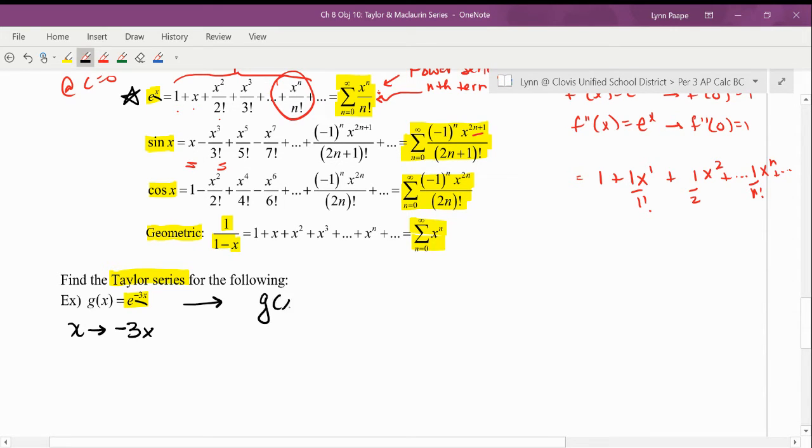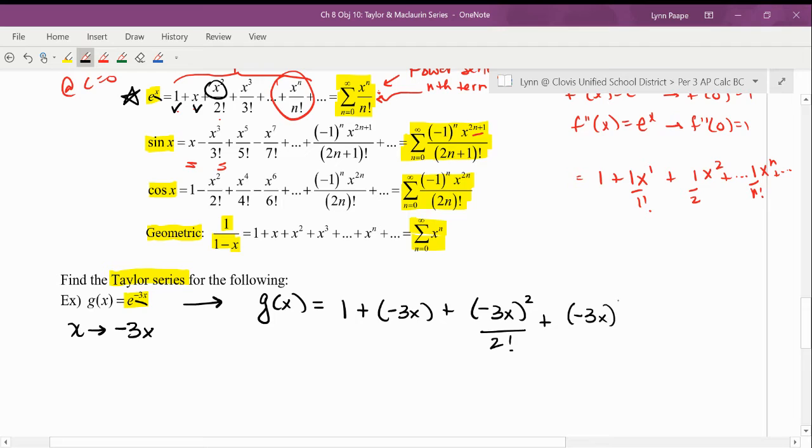So I have g of x is going to equal, so if I look here, 1 plus, and then instead of x, I'm going to replace it with negative 3x. And then plus, instead of x, negative 3x, squared over 2 factorial. And then I'm going to run down the line on that.